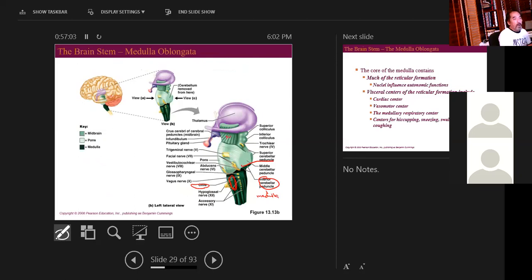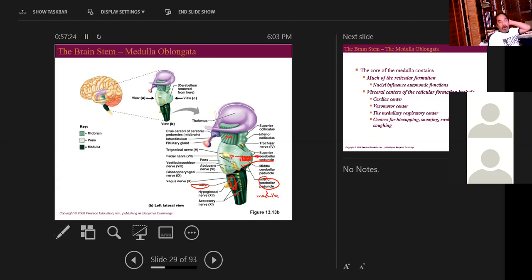Okay, so let me summarize now for the other parts. Now we have midbrain, pons, and medulla oblongata. So this part actually goes into what we call the middle cerebellar peduncle. This connects the pons to the cerebellum.